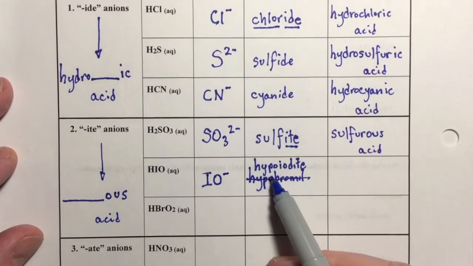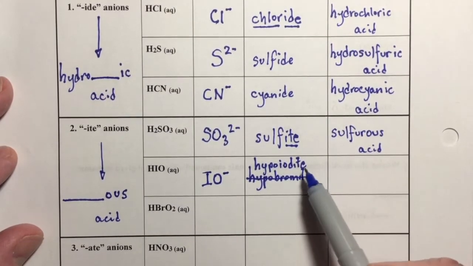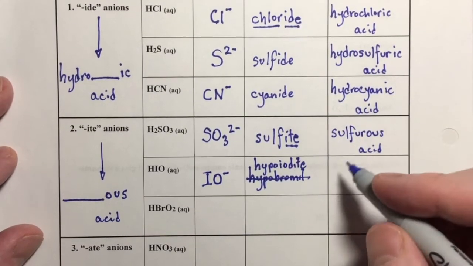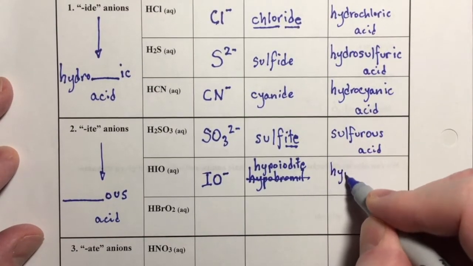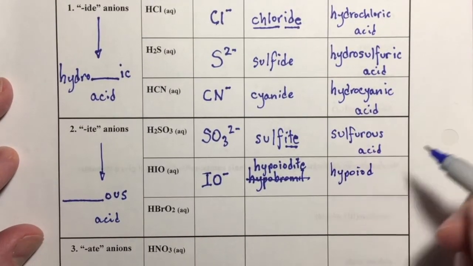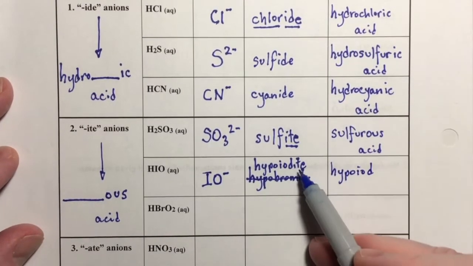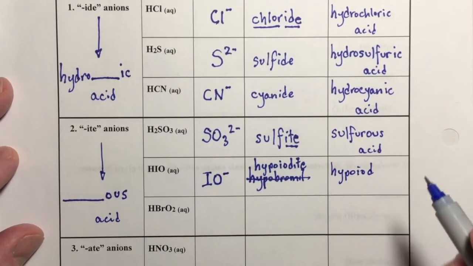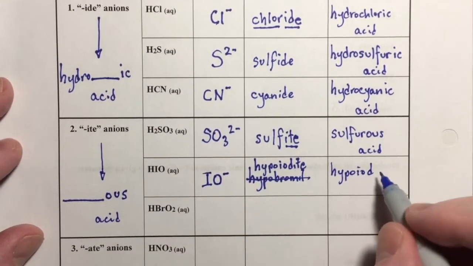So what is the root word here? We remove the last 3 letters, the ITE, and we get this root word, hypoiod. And there's our root word after we remove the last three letters. And then we add the OUS ending.